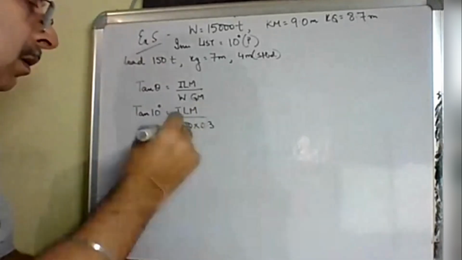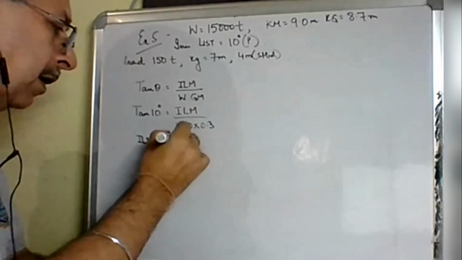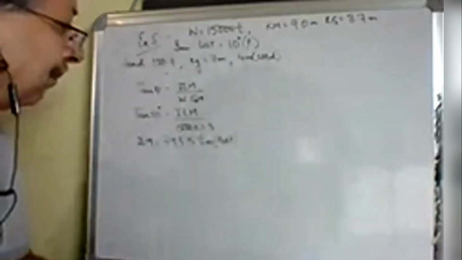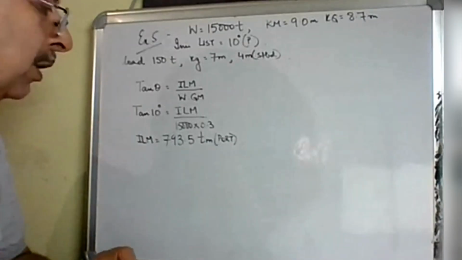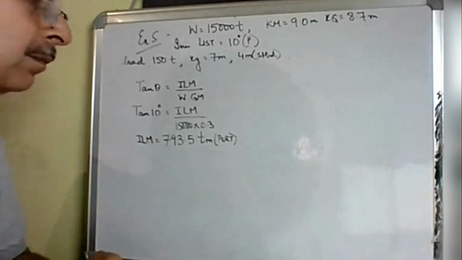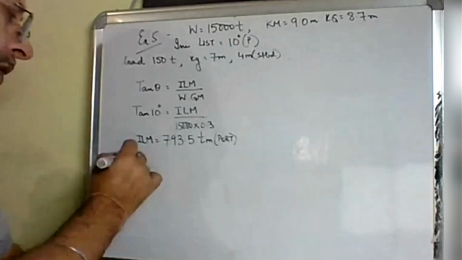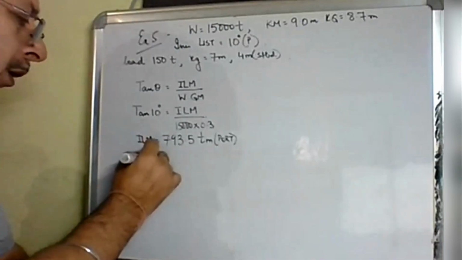Sir, 793.5 tons meter, and this is to port, because my initial list is to port, so this initial listing moment is to port.